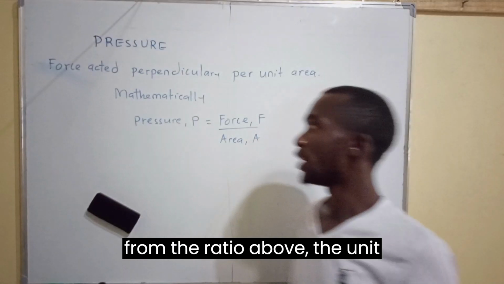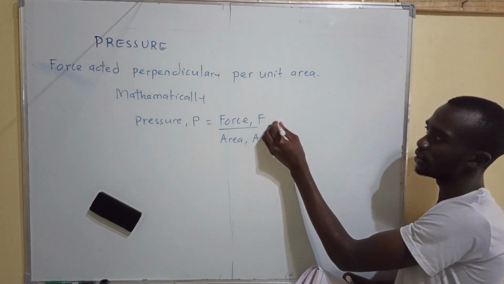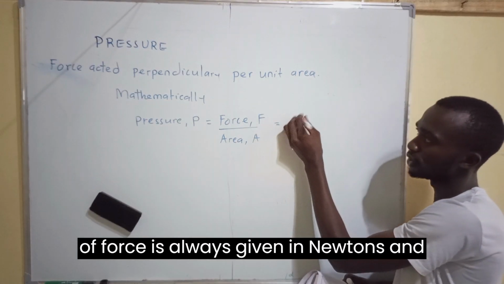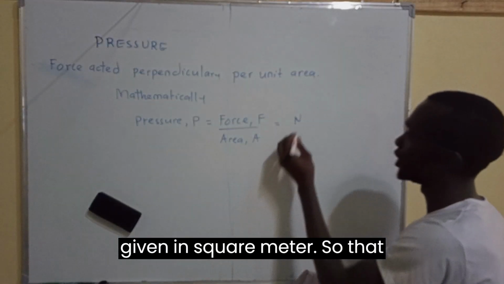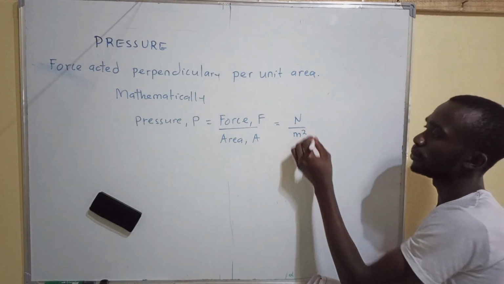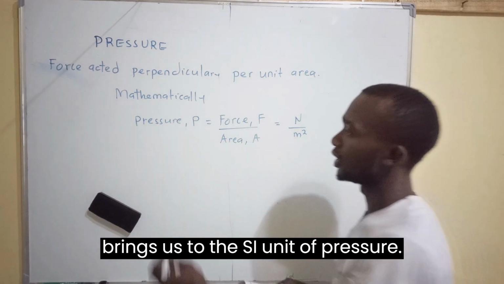Now, from the ratio above, the SI unit of force is always given in newtons, and the SI unit of area is always given in square meter. So that brings us to the SI unit of pressure.